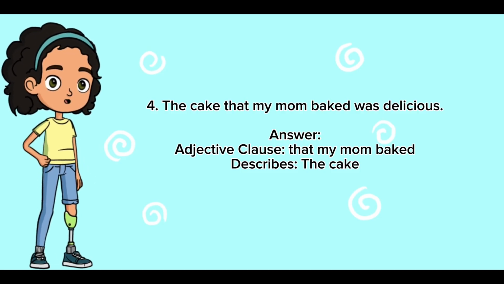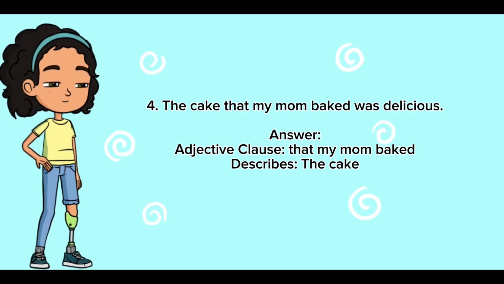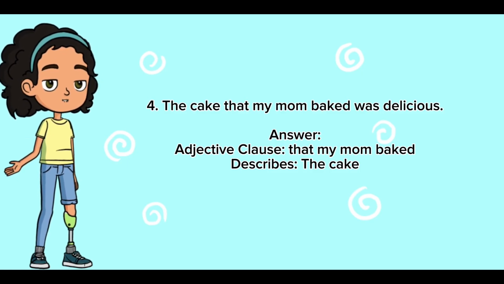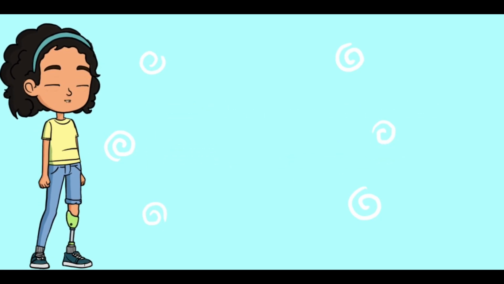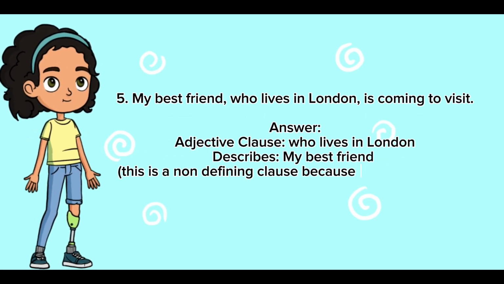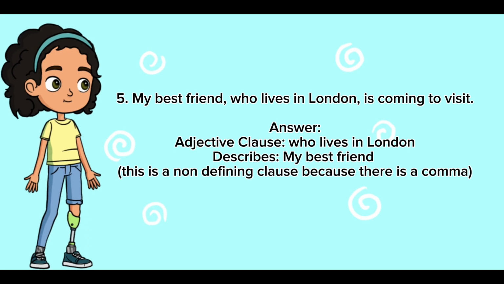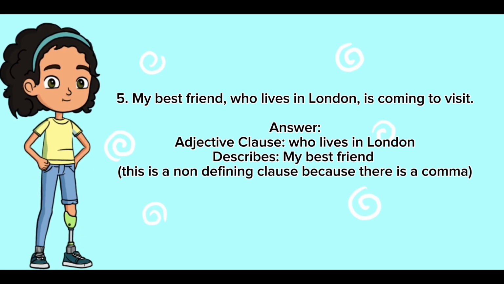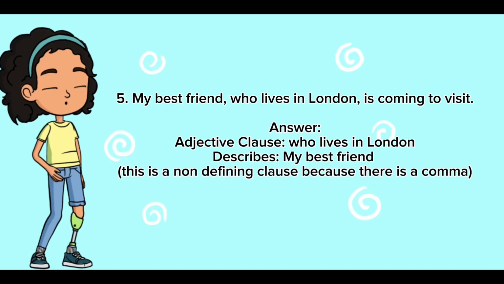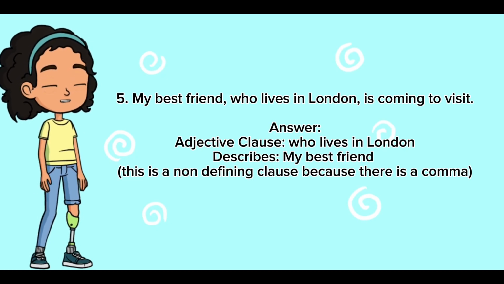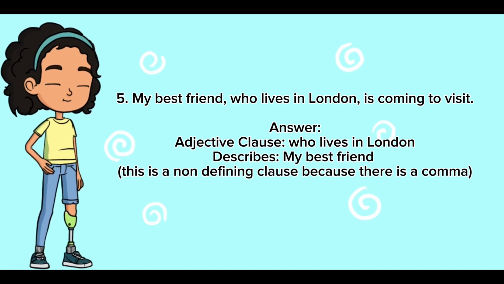The adjective clause is that my mom baked. Meanwhile, what it describes is the cake. Fifth question: My best friend who lives in London is coming to visit. The adjective clause is who lives in London. Meanwhile, what it describes is my best friend.